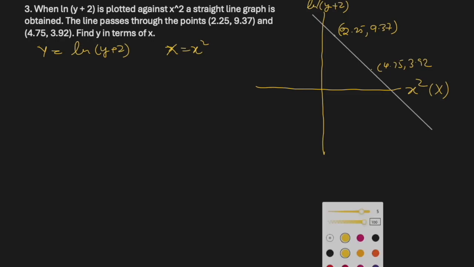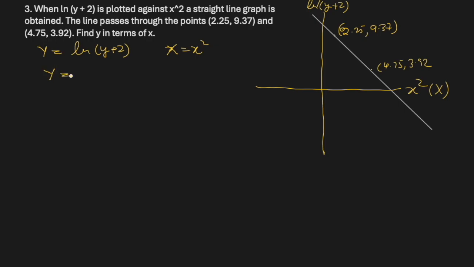We will find the equation in terms of capital Y and capital X, which will be capital Y equal to mX plus c, where c is the y-intercept, this one. Okay, so we'll first find what is m, the gradient of this straight line, which is y2 minus y1 over x2 minus x1.